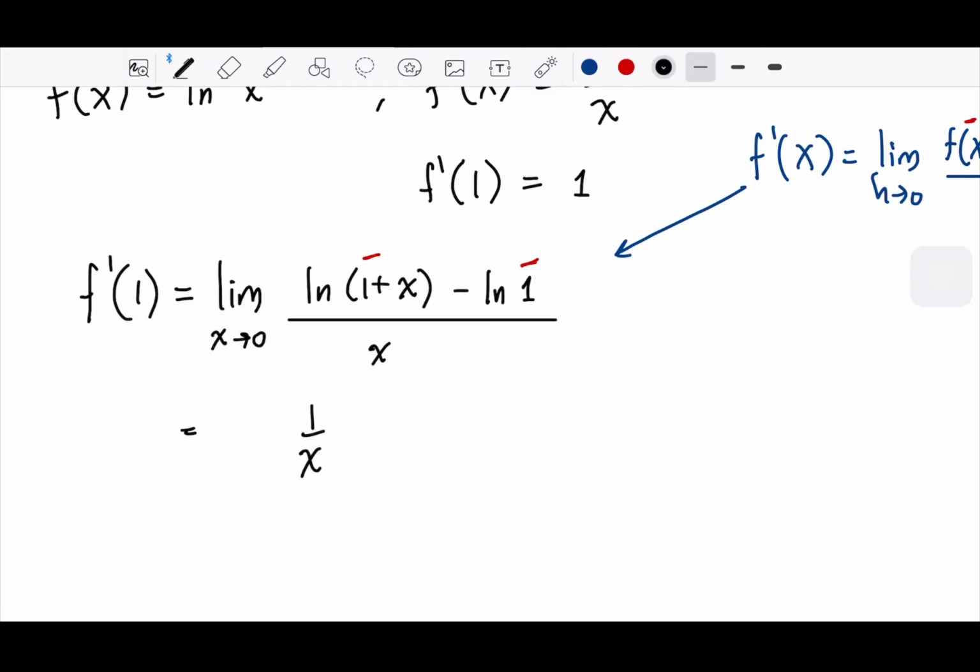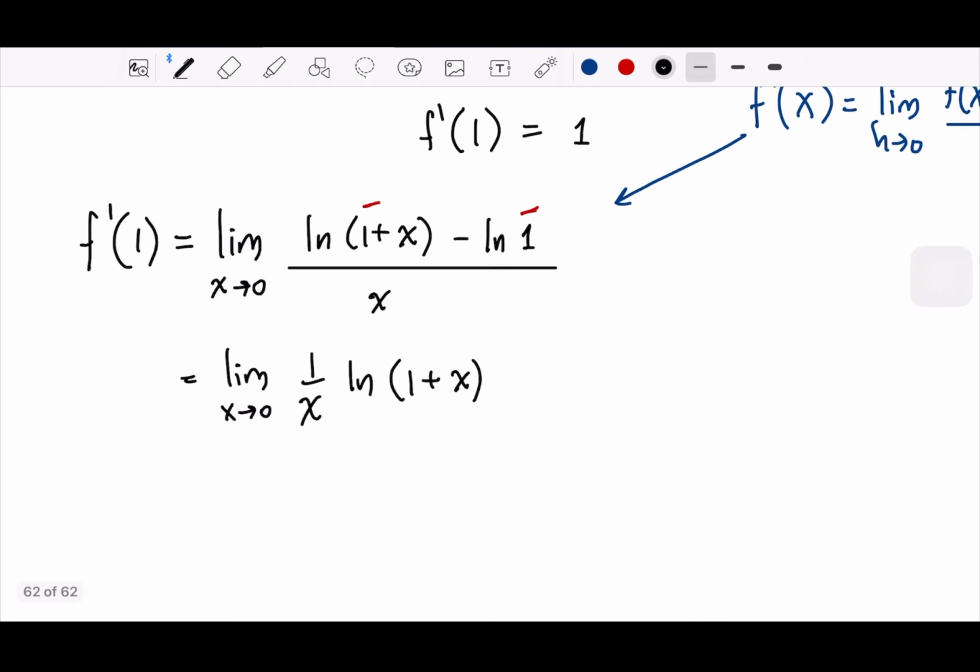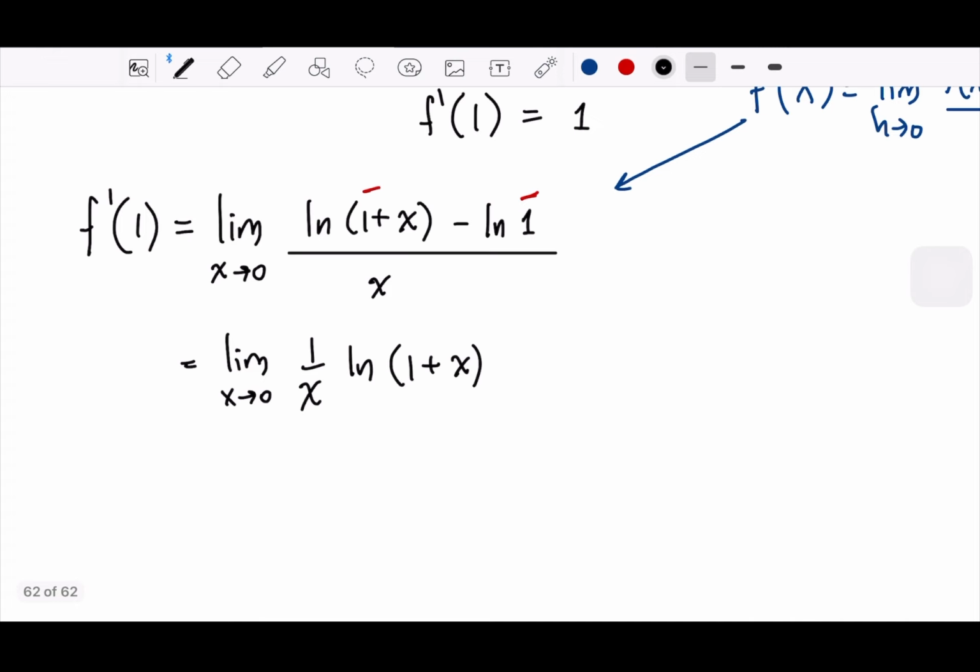I forgot to write: the limit as x approaches 0, 1 over x, and then ln. So I can write this as just 1 plus x, because ln 1 is 0. And then the 1 over x, I can replace here with the logarithmic property.